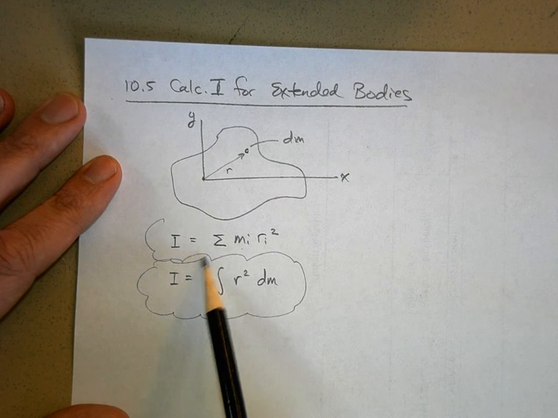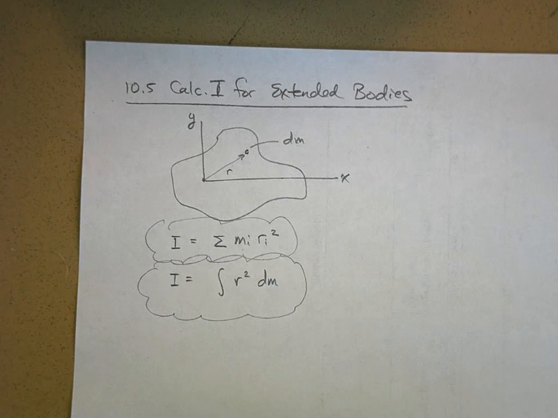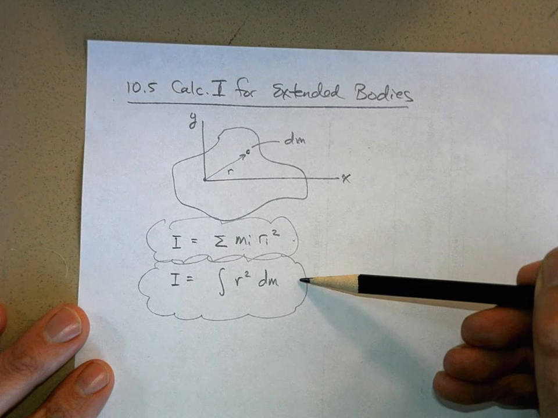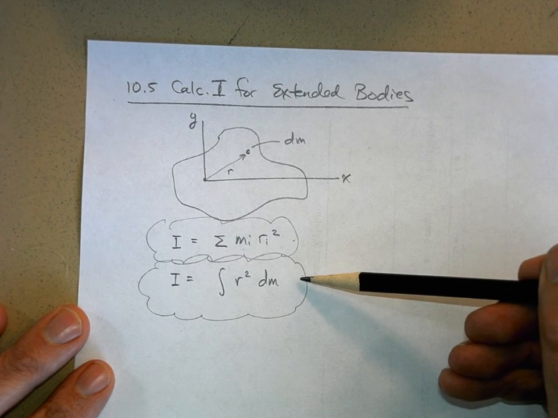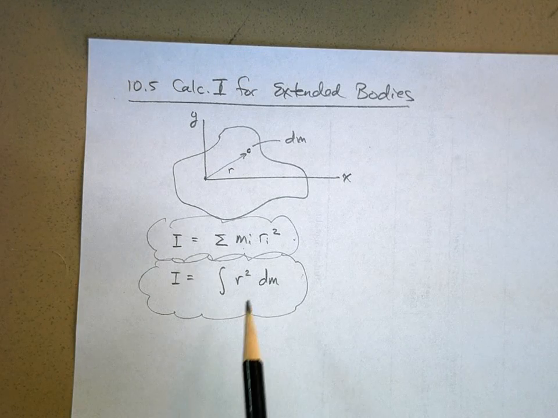Now, if you've got an object that you can break up into a system of particles, use this one. But sometimes we have to use this, and therefore we can only really do this for highly symmetrical mass distributions, like spheres and cylinders and hoops, maybe rods, things that are really well behaved that we can use mathematics to solve.